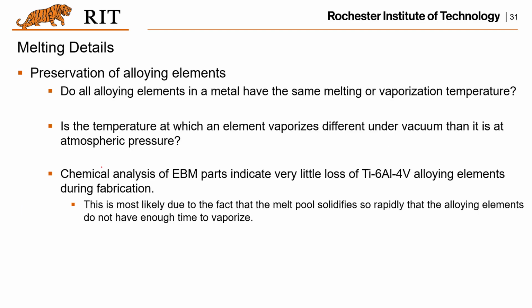So there are some problems for the melting, because the process is in a vacuum environment. There could be some evaporation of some of the elements of the metal powder, and also the temperature at which an element vaporizes is different under vacuum than it is at atmospheric pressure.